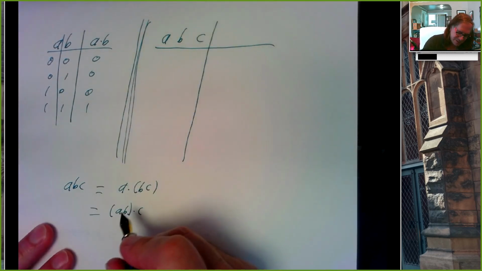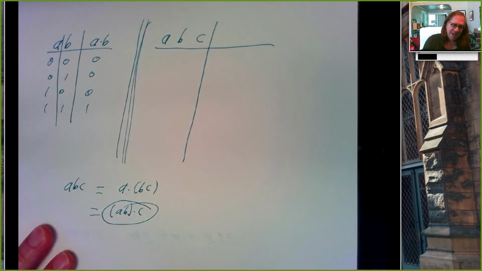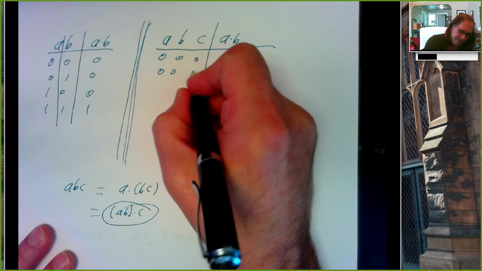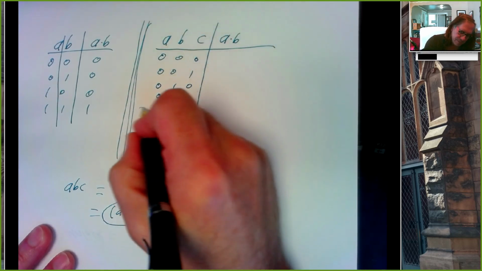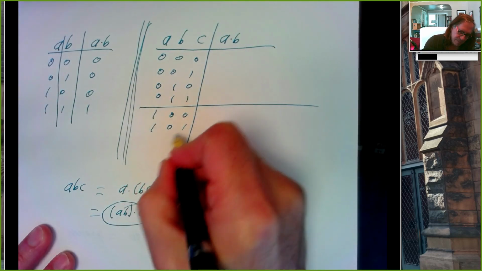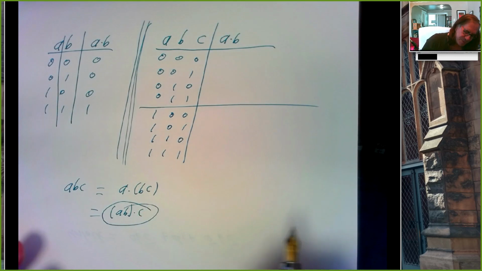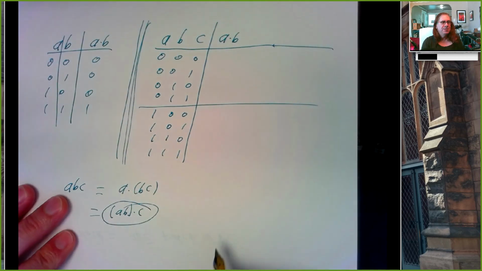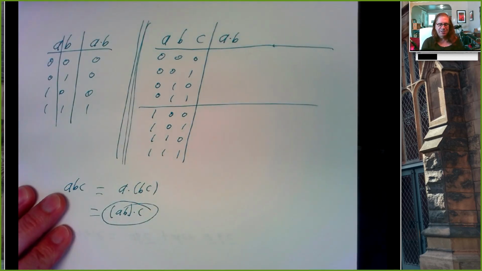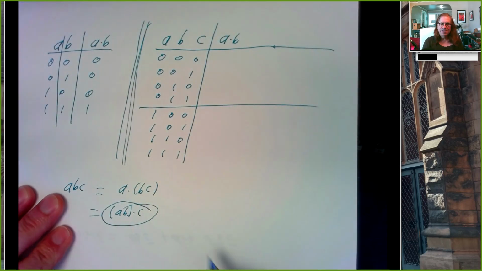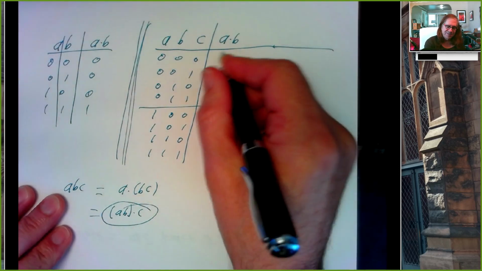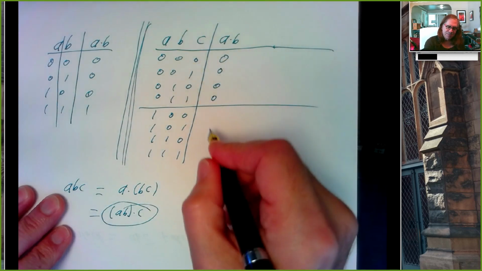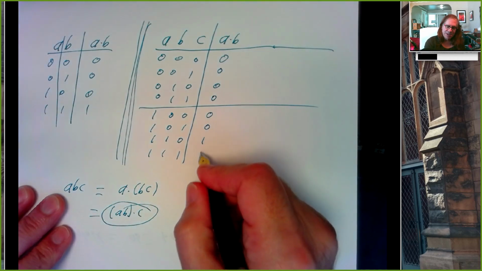So if we think of this as A and B ANDed together, and then ANDed with C, let's make a column for A ANDed with B. And personally, when I write truth tables, I tend to break it up in groups of 4 just to make it easier for things to visually line up. So here's the 8 possibilities for A, B, and C. I fill in a column for A ANDed with B: 0 ANDed with 0, 0 ANDed with 1, 1 ANDed with 0, and 1 ANDed with 1.